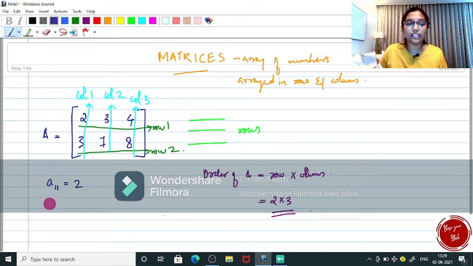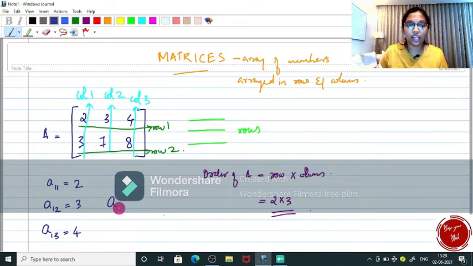Got it? And next, what about a12? This is the number written in the first row and second column. The first number indicates the row number and the second number is for the column. So first row, second column contains the number 3, and then a13 is 4.